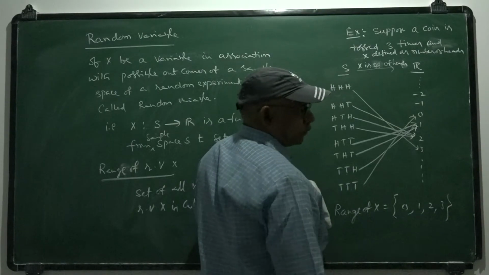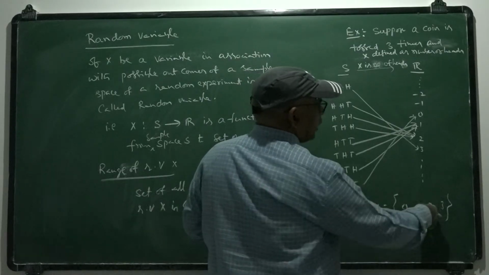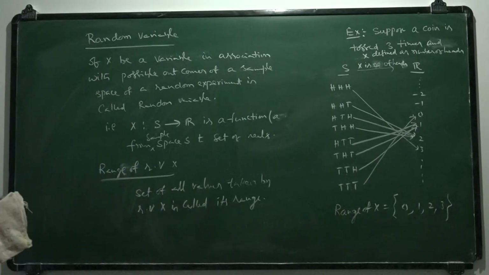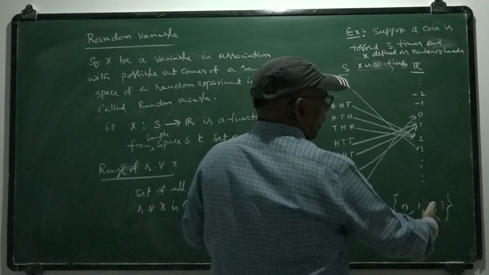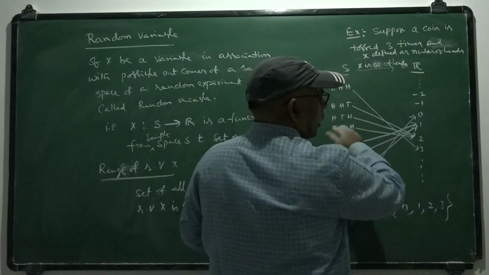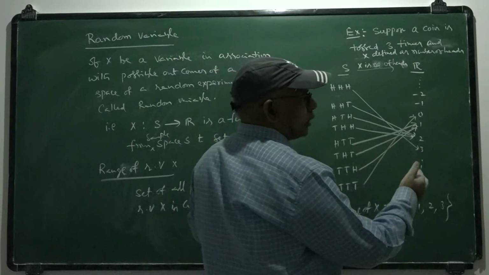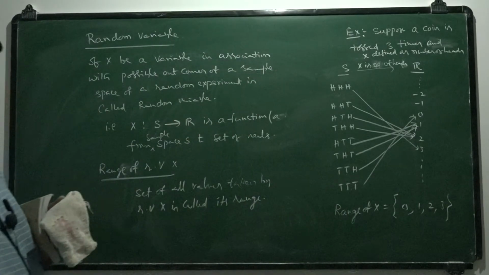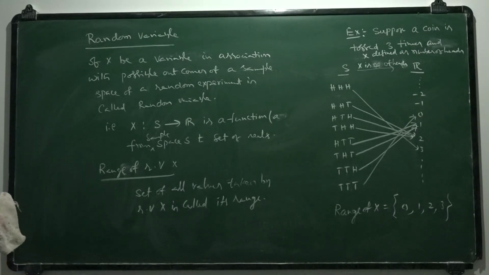X takes the value 2, 2 heads occur. X takes the value 3, 3 heads occur. Such a set of values taken by X is called the range of X here.